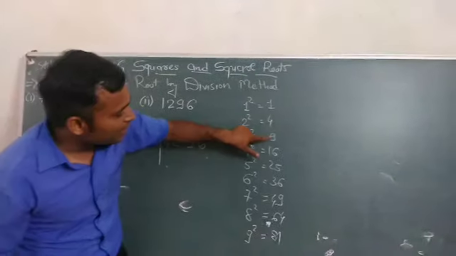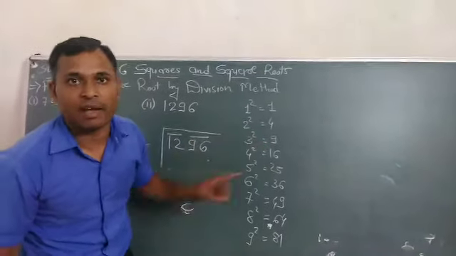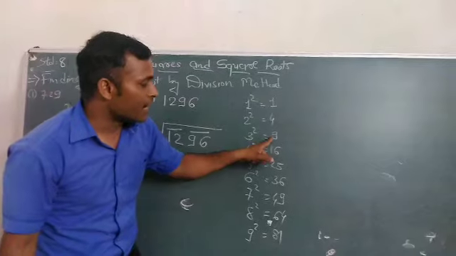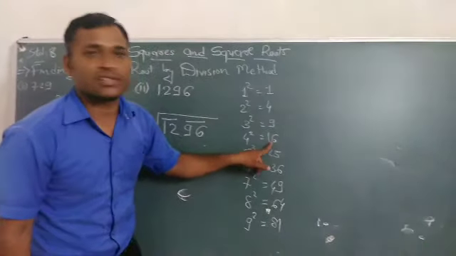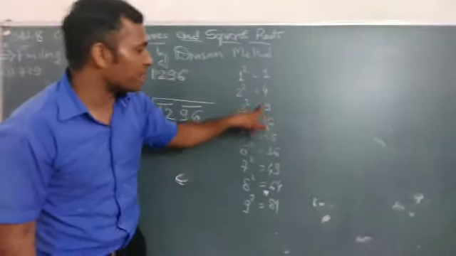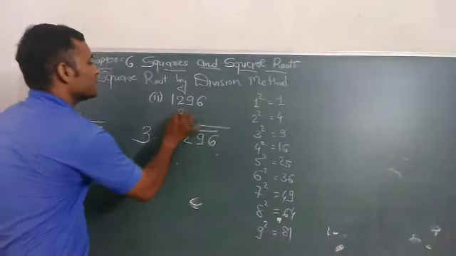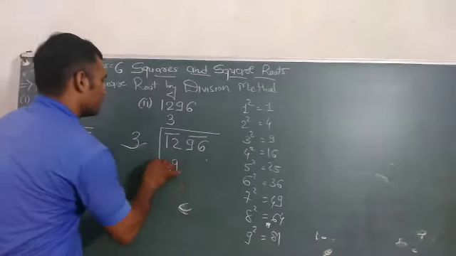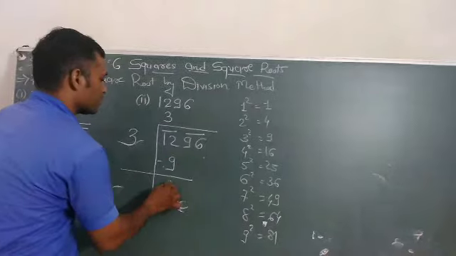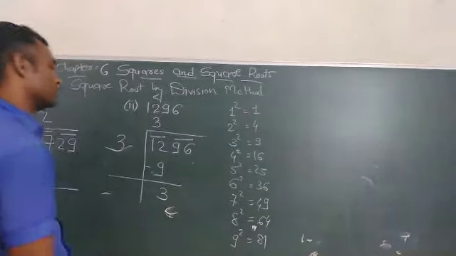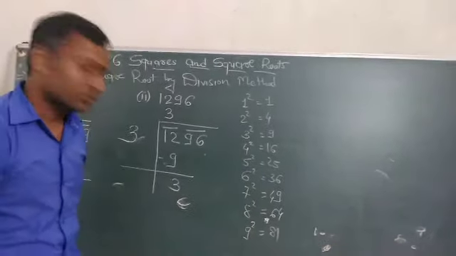Clear? You can see here 12. 12 is between 9 and 16. But 16 is bigger than 12, so we start with 9. 3 3s are 9. Clear?